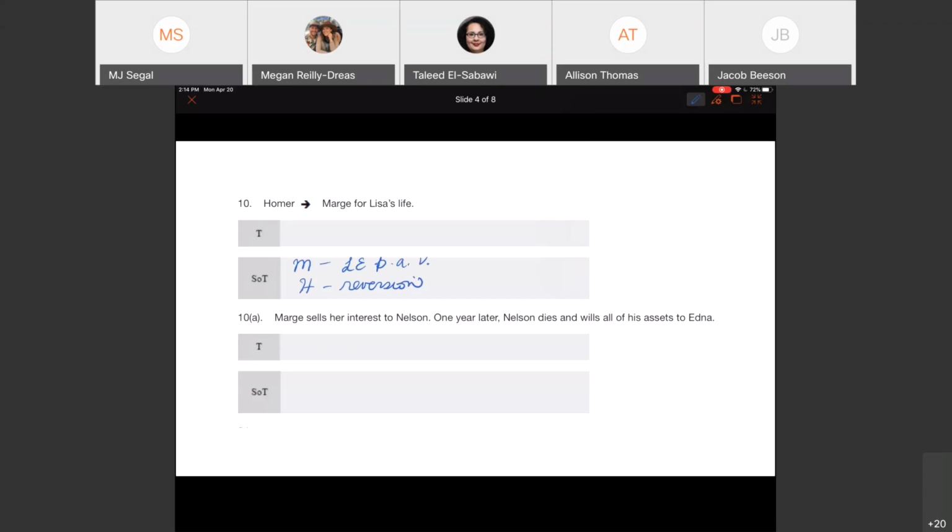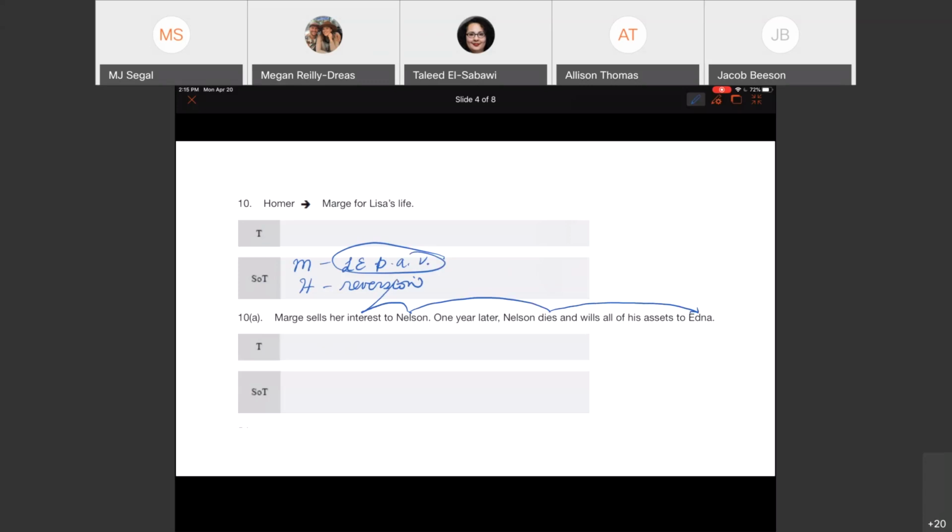So Marge can transfer her interest. She sells her interest to Nelson. And then 1 year later, Nelson dies and he wills his assets to Edna.